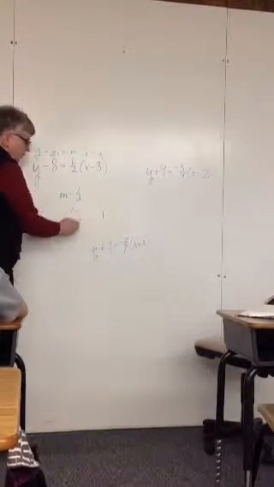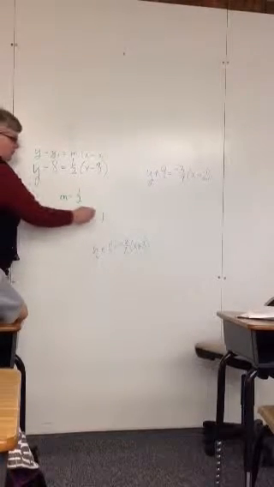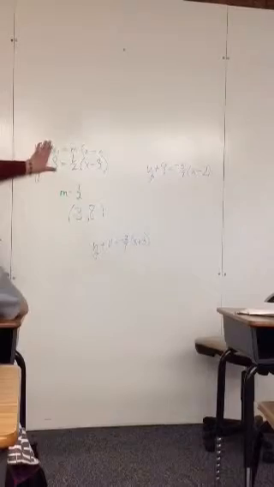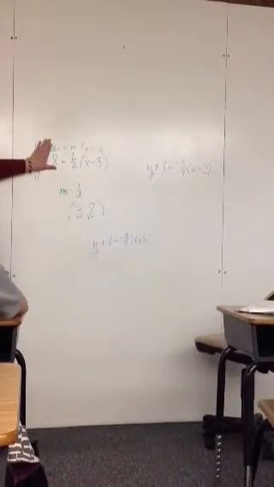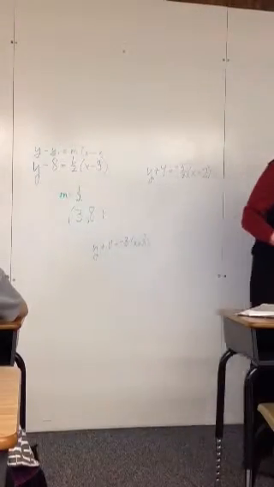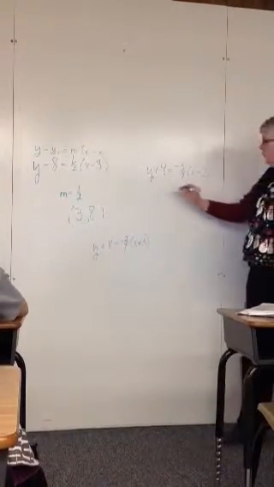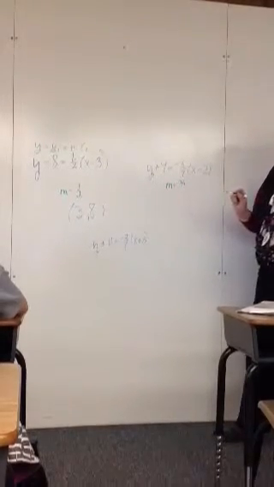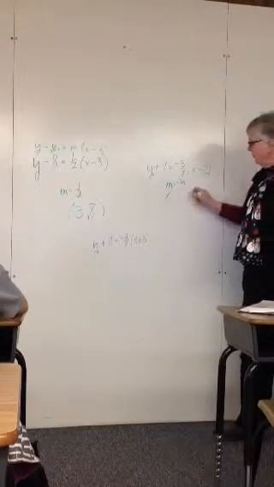So what will y1 be? 8. Because again, the negatives are here, so you just basically drop them out. All right, on this one over here, what will be the slope? Okay, are there any questions about finding the slope? Because the slope is the easy part.